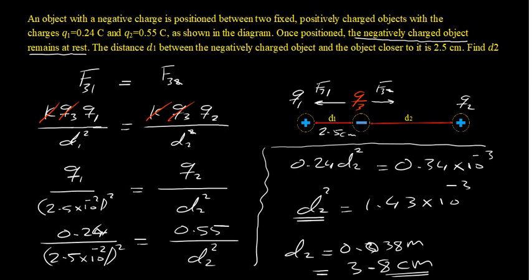Which makes sense because we know from Coulomb's law and the relationship between the force and the distance between the two charges, the bigger the distance, the smaller the force. So even in my arrows, I drew the force between 3 and 2 as a smaller arrow compared to the arrow between charge 1 and 3.